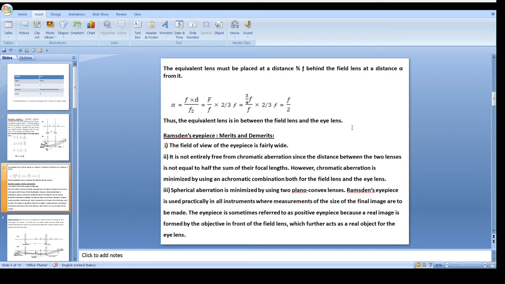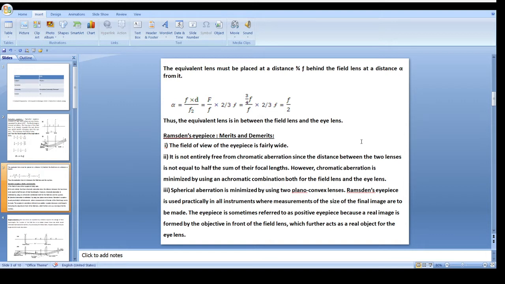Merits and demerits of the Ramsden's eyepiece. The field of view of the eyepiece is fairly wide. It is not entirely free from chromatic aberration, since the distance between the two lenses is not equal to half the sum of their focal lengths.